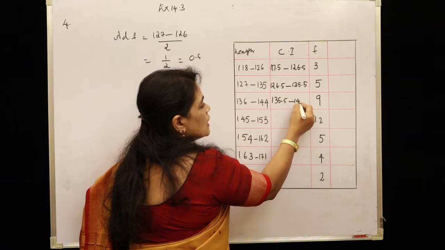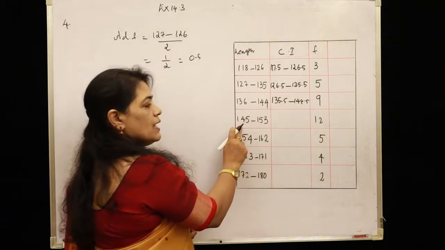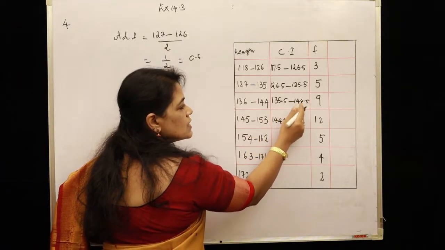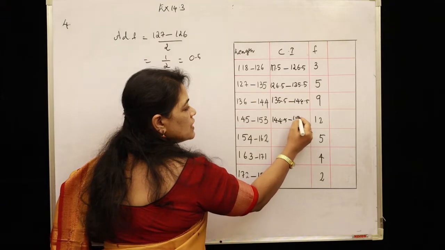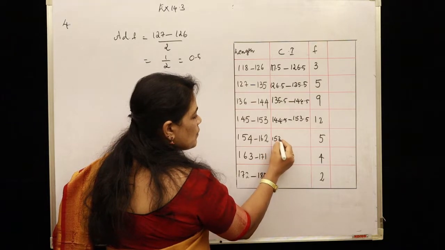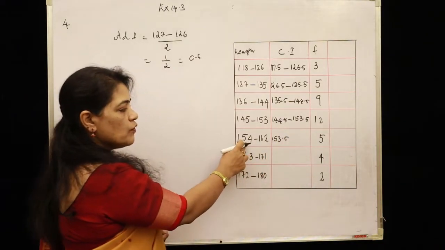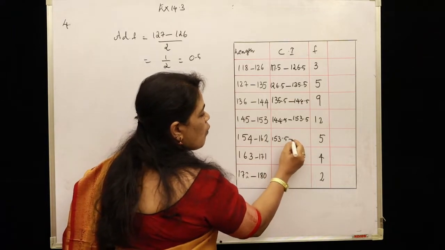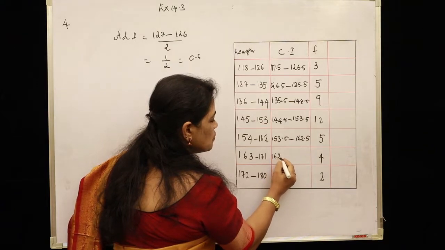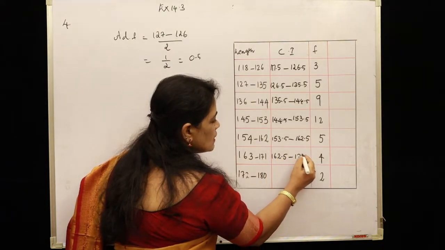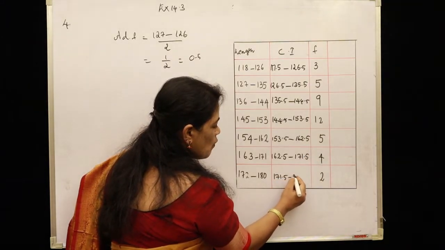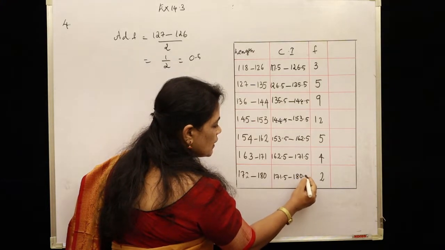135.5, 144.5. Again 0.5 from 145, that is 144.5. See, both are the same. 153.5 we are adding, and 153.5 we are subtracting 0.5 from 154. 162.5, 162.5, 171.5, 171.5, 180.5.